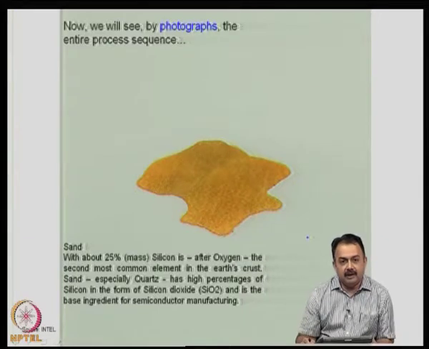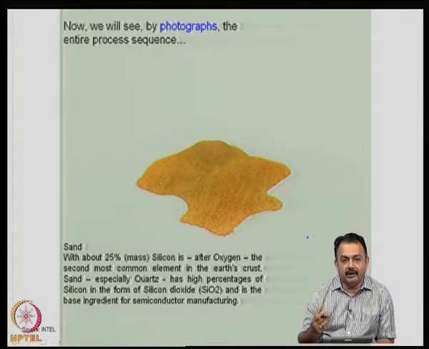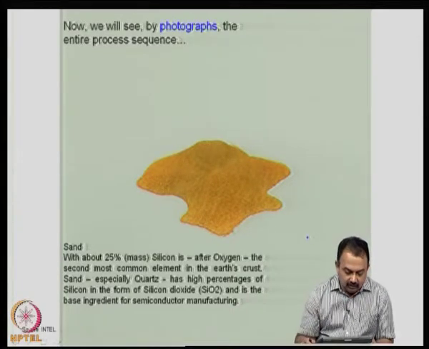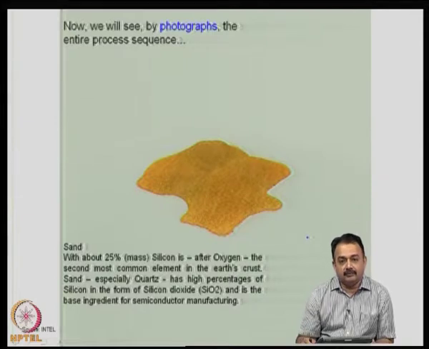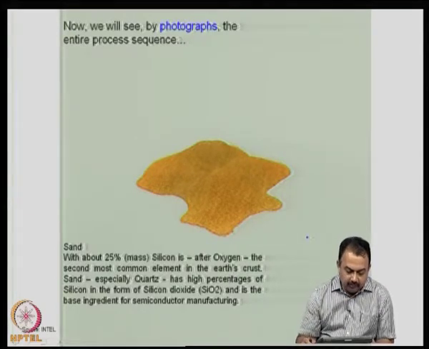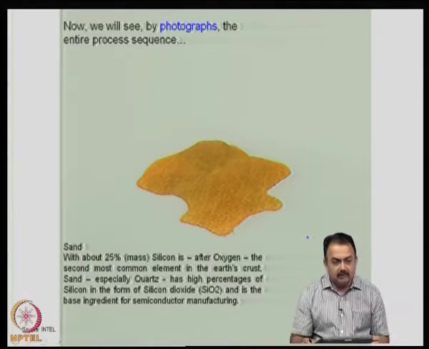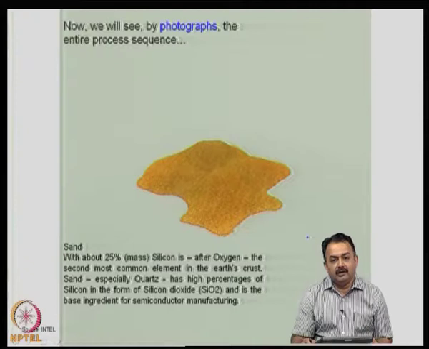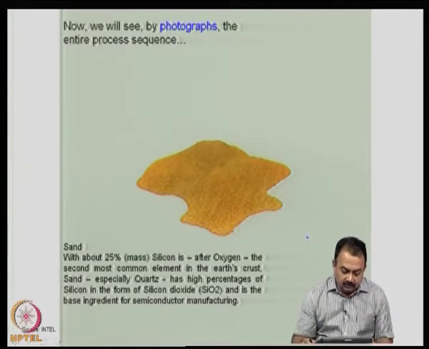So, I think any packaging engineer needs to know about this, because finally you are going to handle bare die and then package it. Now, the starting material is sand. With about 25% mass, silicon is the second most common element in the earth's crust, okay, after oxygen.